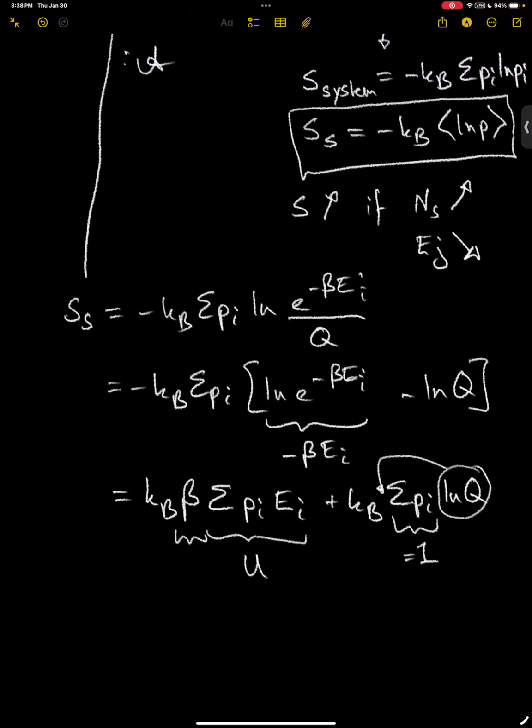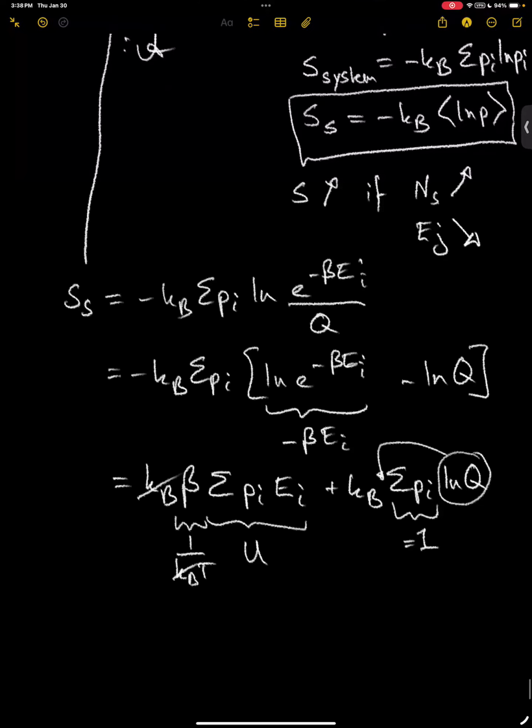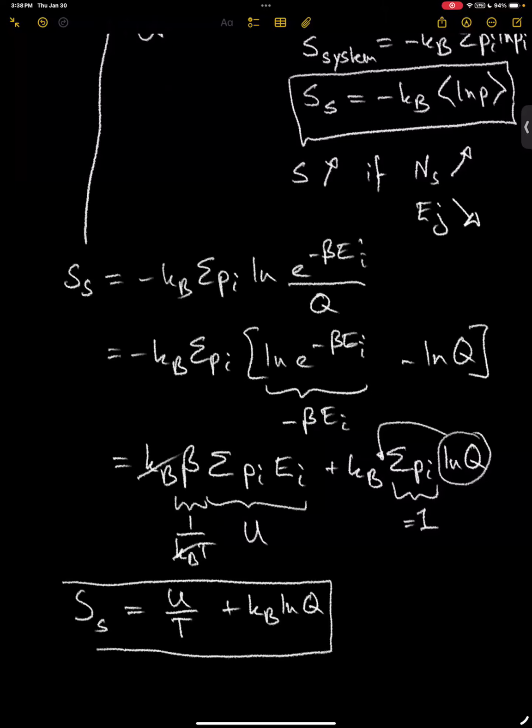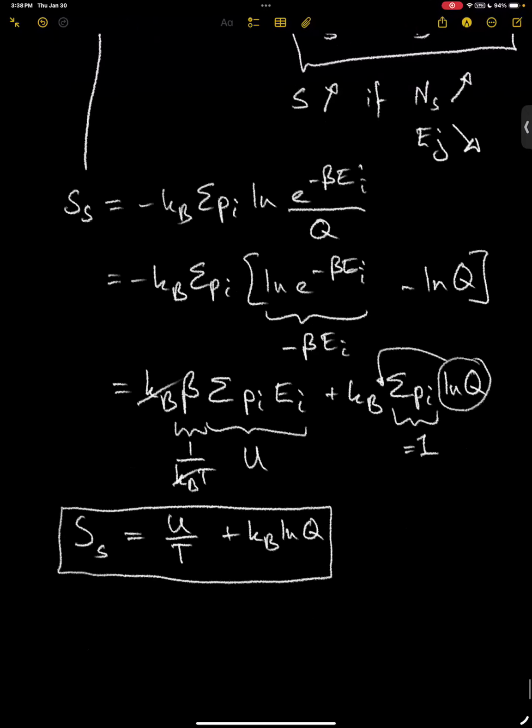And your beta is, of course, 1 over kBT. And so the constant will cancel. And what you have here is 1 over T U plus kB logarithm Q.